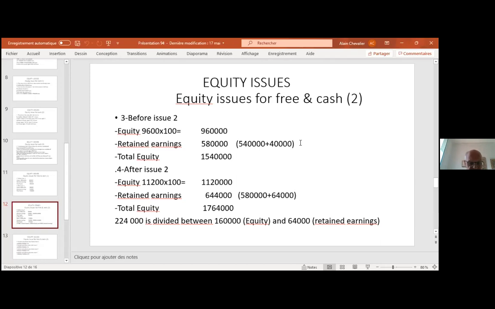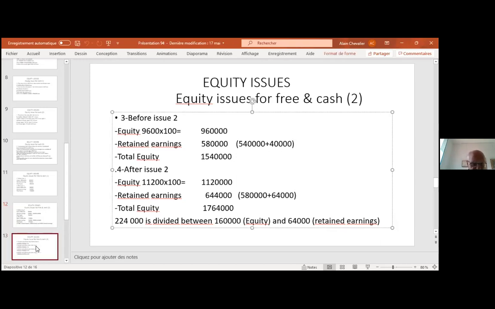And the 224,000 increase in cash and increase in total equity is divided between two elements: 160,000, which means 1,600 shares multiplied by 100, the nominal value, and the difference, the 40 left, multiplied by, again, 1,600, which is equal to 64,000. This is what you see in that calculation here.